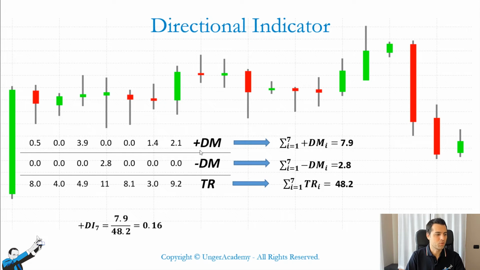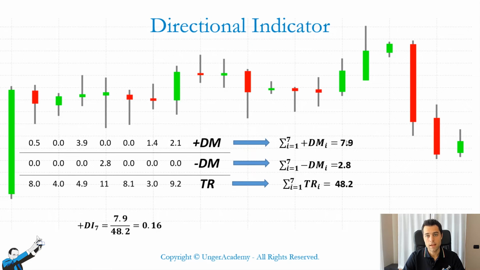As I already told you, we just need to divide the contribution of the plus directional movement, and then we can do the same with the minus directional movement. So we end up with these two numbers, the plus directional indicator equal to 0.16 and the minus directional indicator equal to 0.06. The number 7 down here just tells us that we are considering only 7 bars.